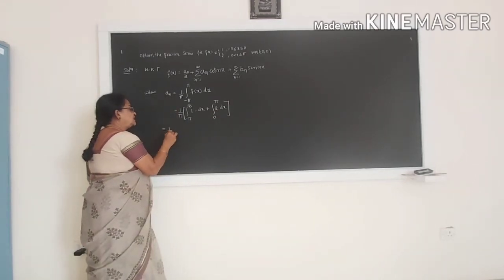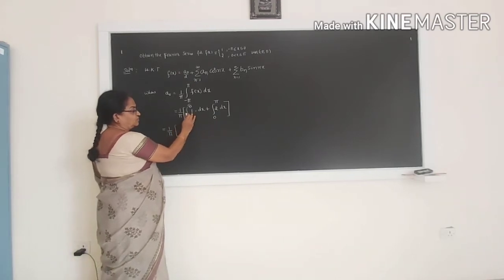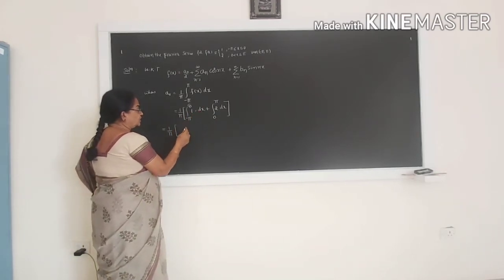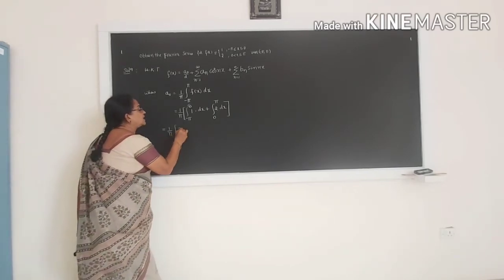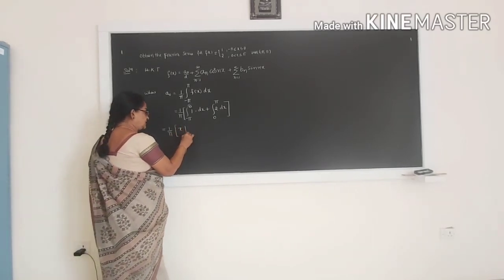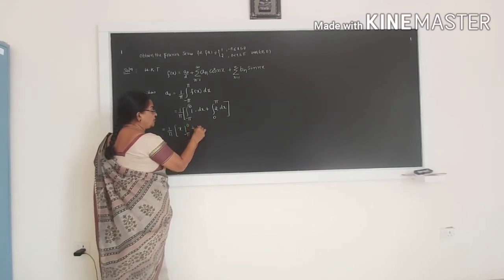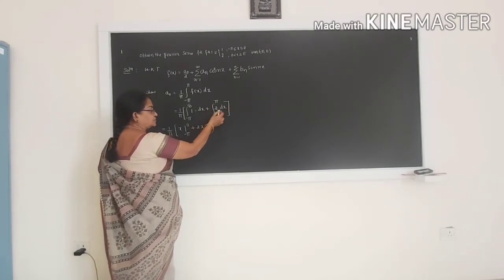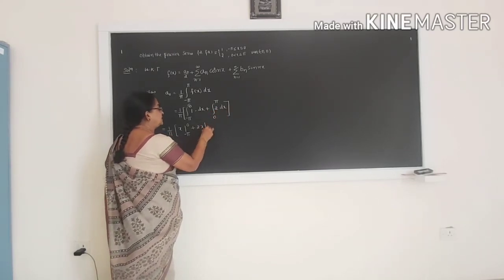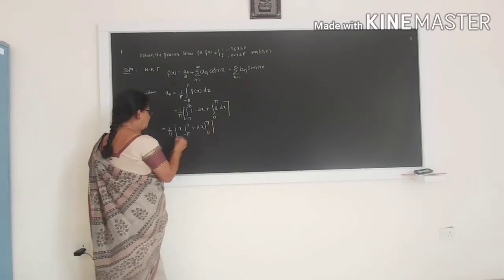Now I write this as 1 by pi times. Now you observe this. What is integration of 1 with respect to x? It is x in between the limits minus pi to 0, plus 2 times, that is 2 is constant, again integration of 1 with respect to x is x in between the limit 0 to pi.